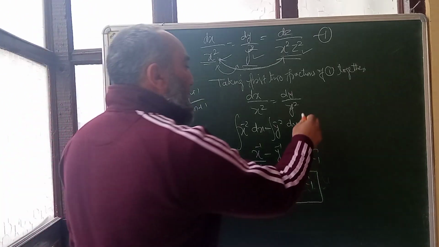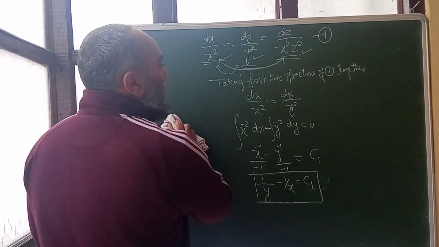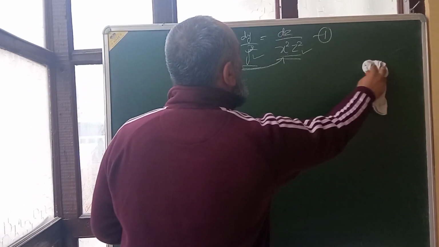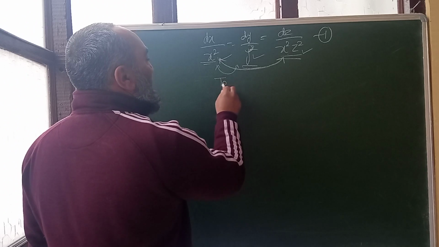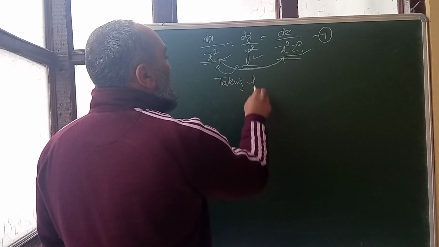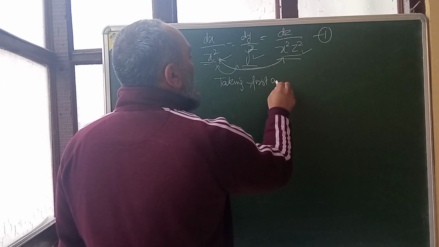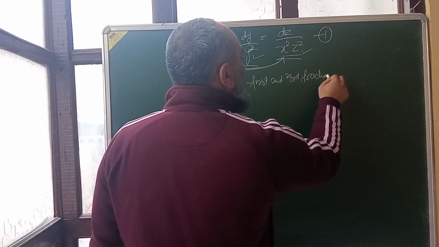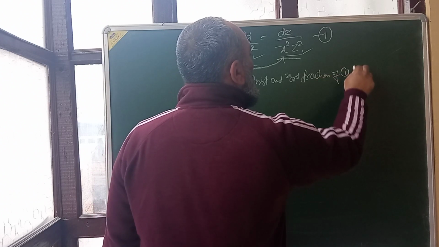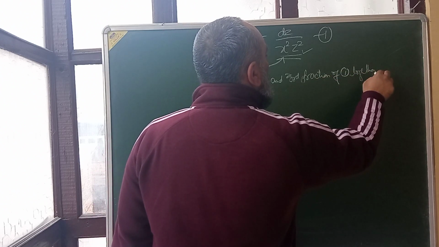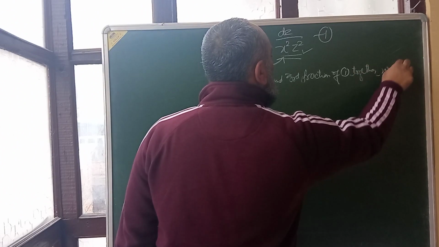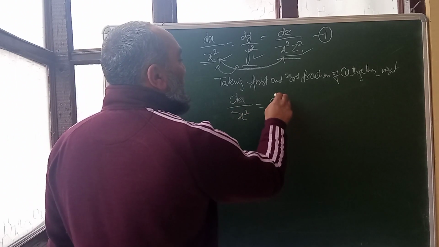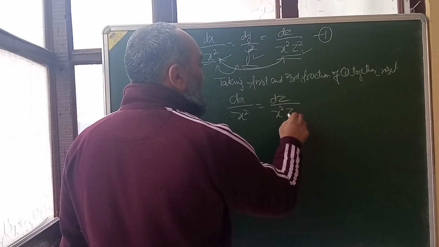So taking first and third fraction of 1 together, we will get dx upon x square equal dz upon x square z square.